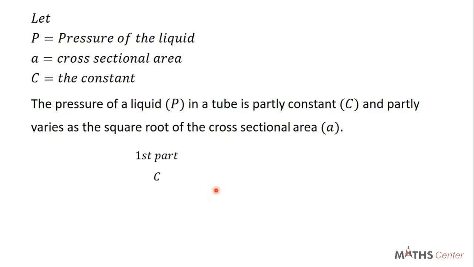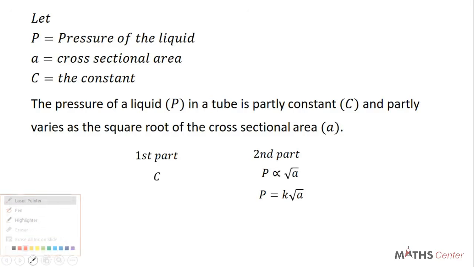The second part is a direct variation, because we are being told that the pressure, which is P, varies directly as the square root of the cross-sectional area. That means that P is directly proportional to the square root of the cross-sectional area, which is A. If we introduce the constant of proportionality, then P is equal to K root A, where K is the constant of proportionality.